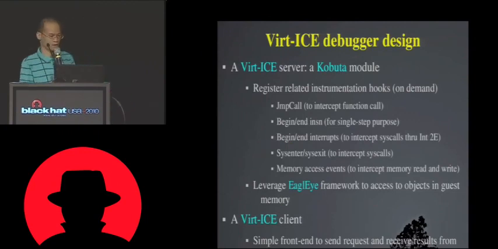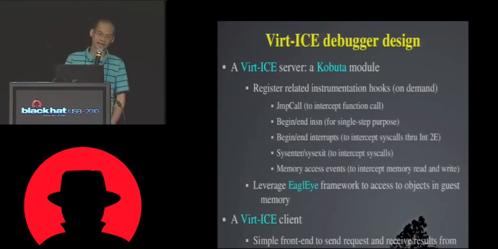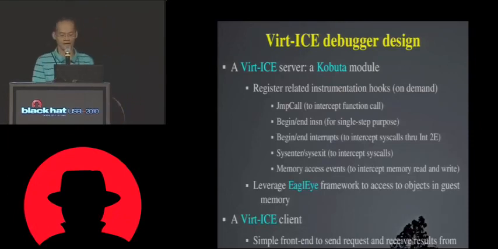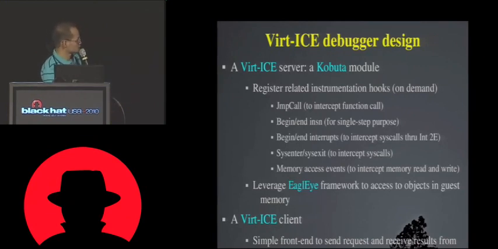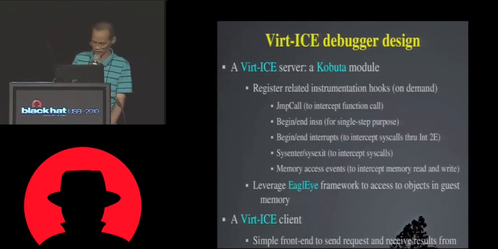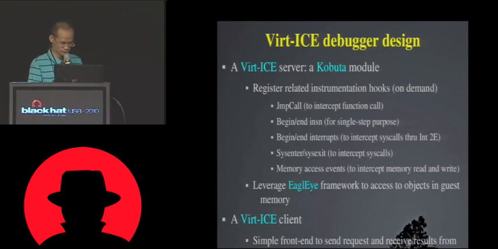Remember that Virt ICE consists of two components. The core module stays inside the emulator layer, and the client stays outside. So the server is only a core module. And for now, you register some instrumentation hooks on demand, not anytime, only when we need: jump call, begin and end of instruction, begin and end of interrupts, so we can intercept the syscall using the interrupt table in old versions of Windows.